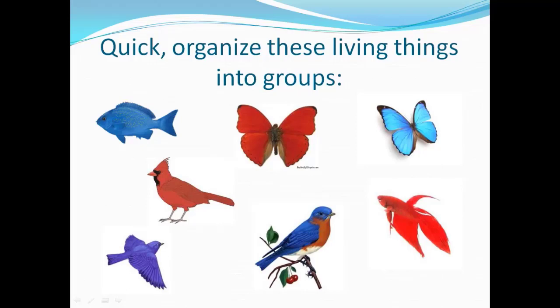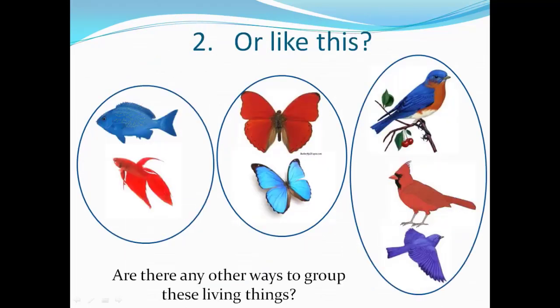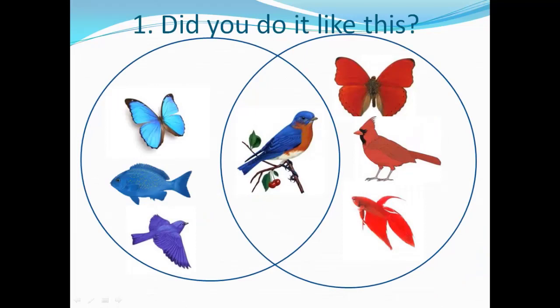Here I will ask you whether you are going to classify them in this way. This is the first way of classification of these organisms, or the other way is this, another way by which we can classify these organisms. I hope you understand from these two pictures.